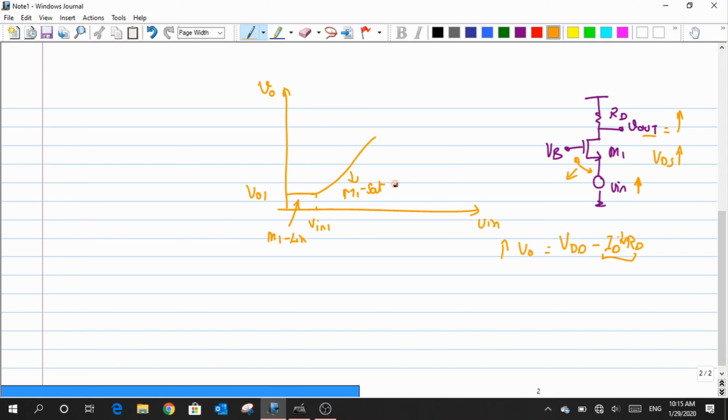Now, what happens after this as I keep increasing the value of Vin? As I increase Vin, I'm not providing enough VGS here. So at a particular point, this value of VGS certainly reaches the value of VTH. Let me mark that particular point over here. It is written as VTH.